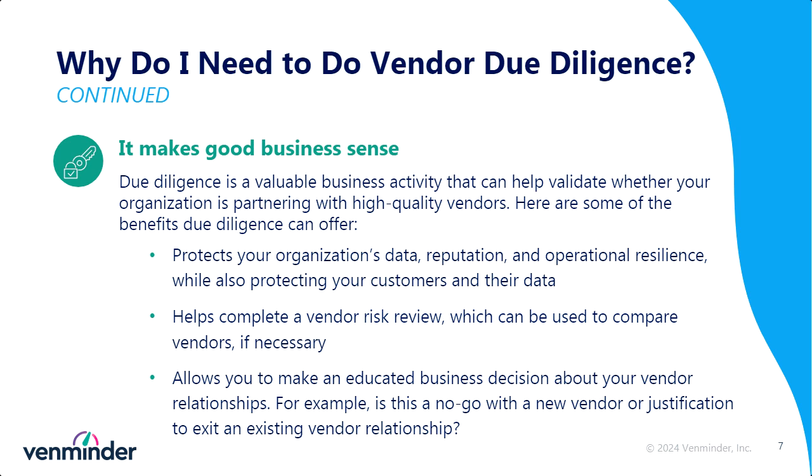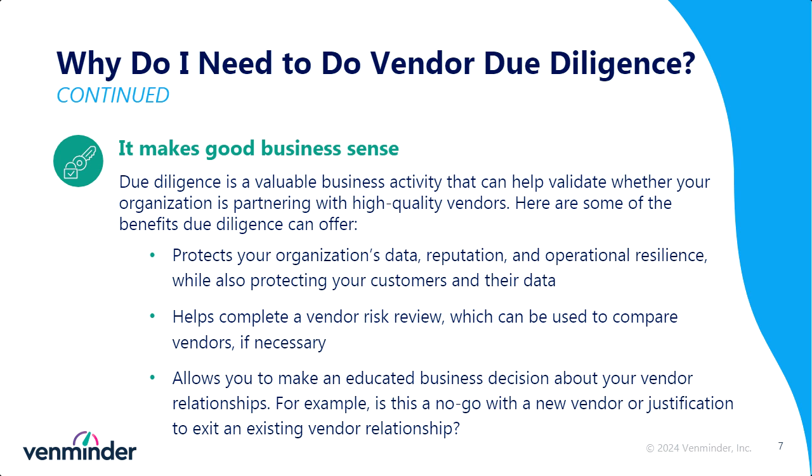The second reason for due diligence is pretty straightforward. It just makes good business sense, and it can help validate that your organization is partnering with high-quality vendors. The information you review during due diligence can confirm that controls are in place to protect your organization's data, reputation, and operational resilience.